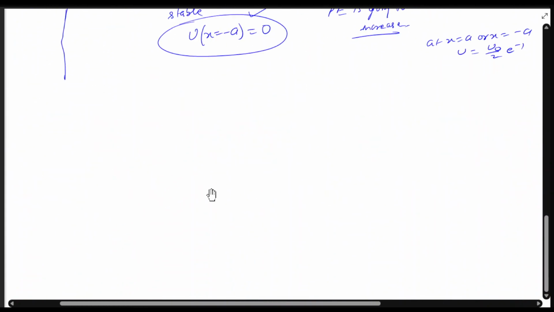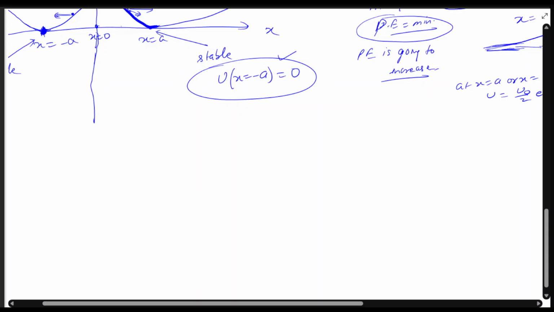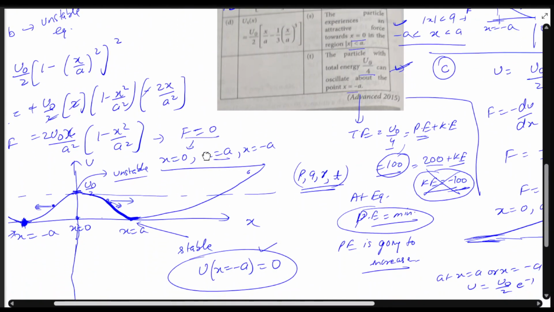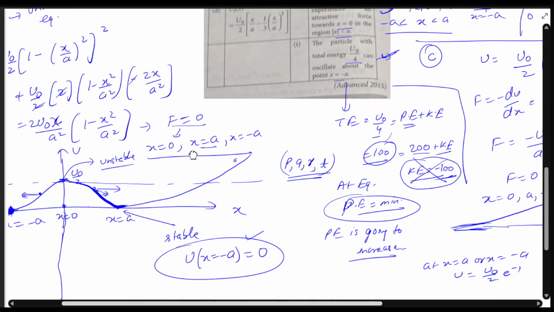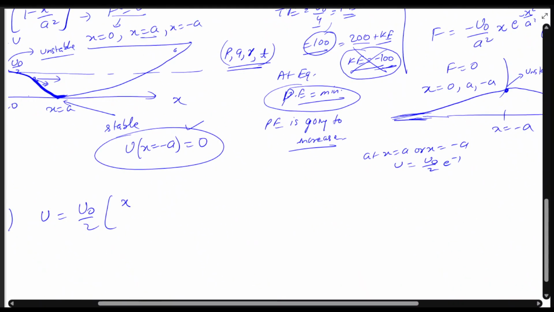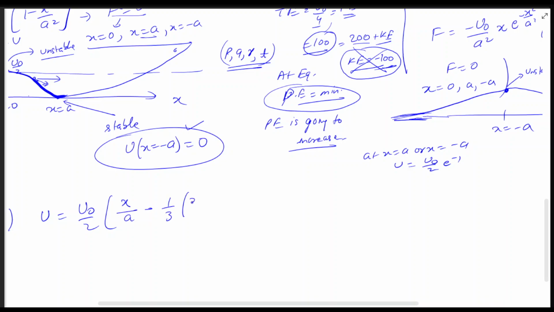So for D, we have U naught by 2 into x by a minus 1 by 3 x cube by a cube.